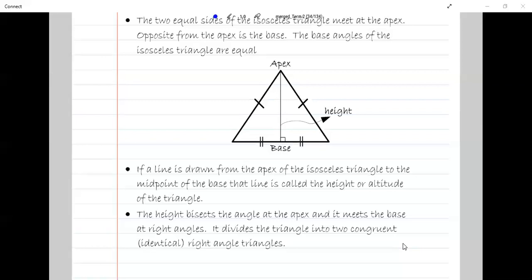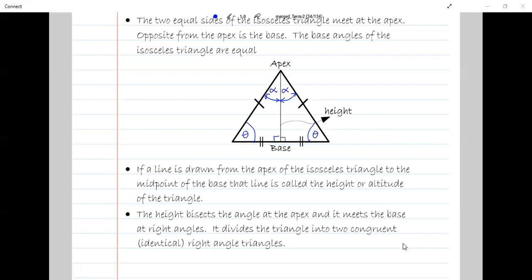Now the height or altitude bisects the angle at the apex. Let's call it alpha. And everybody should know that these two angles were already equal. This is theta, this is theta. If this is 90, this is 90.